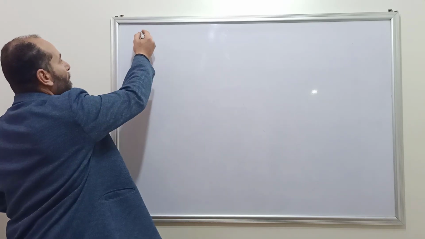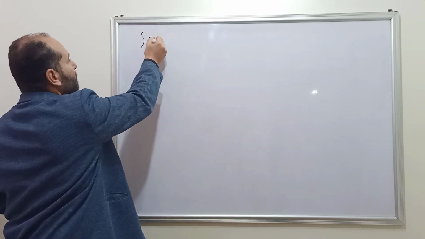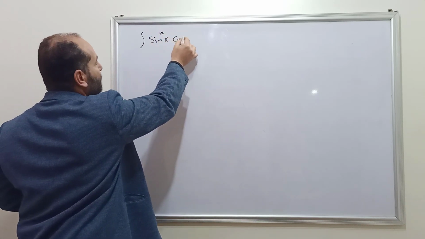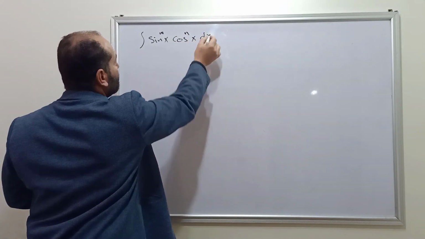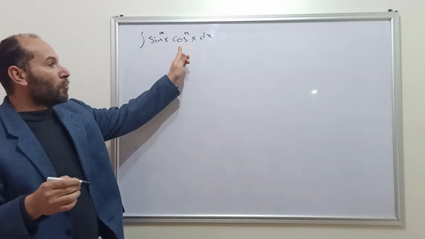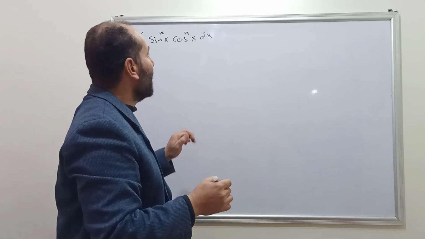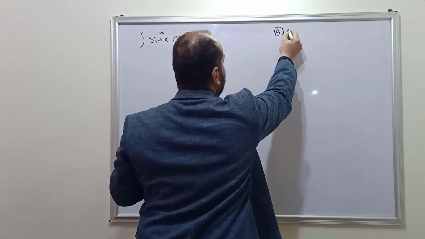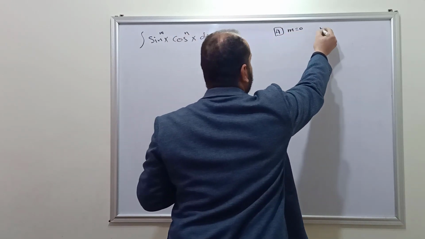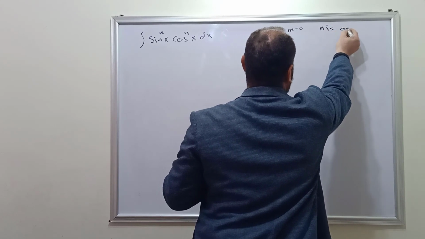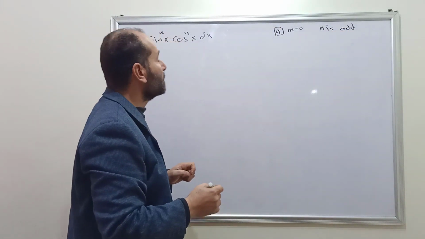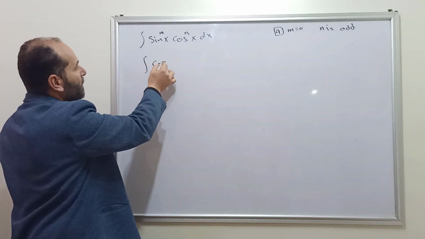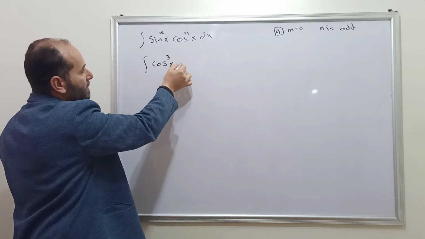If one of m and or n is 0 and the other one is odd. Number 4: if m equals 0 and n is odd, for example the integration of cosine power 3 x dx.